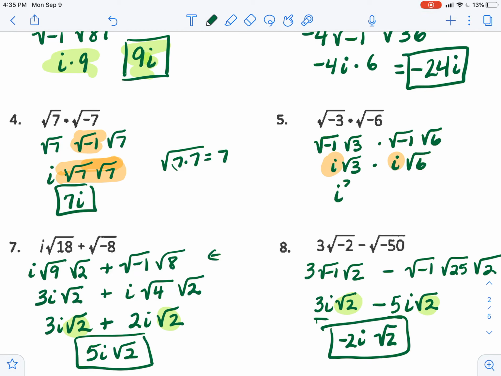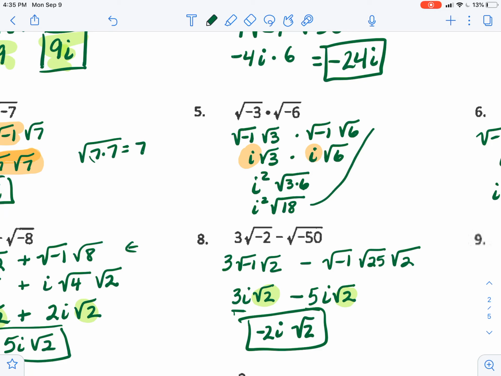So that's i squared. Now, just like what I did over here, I can now take 3 and 6 and put them together. I'm going to leave that i squared for right now. But this is the square root of 18, if you want to do it that way. And then the square root of 18 will simplify.